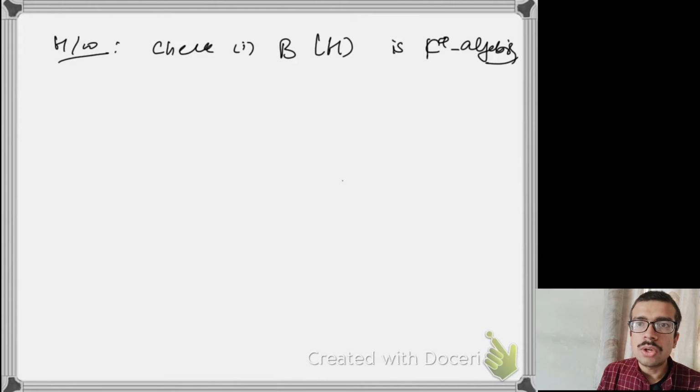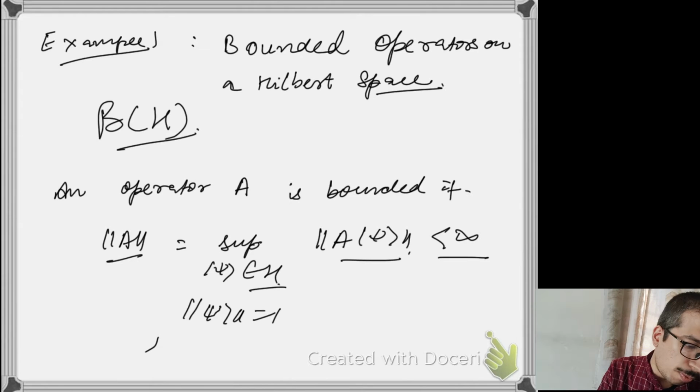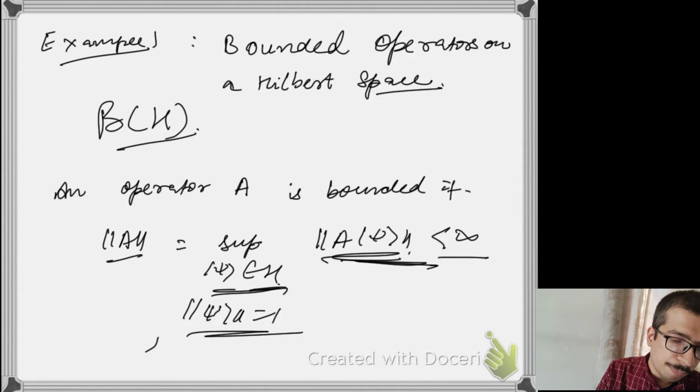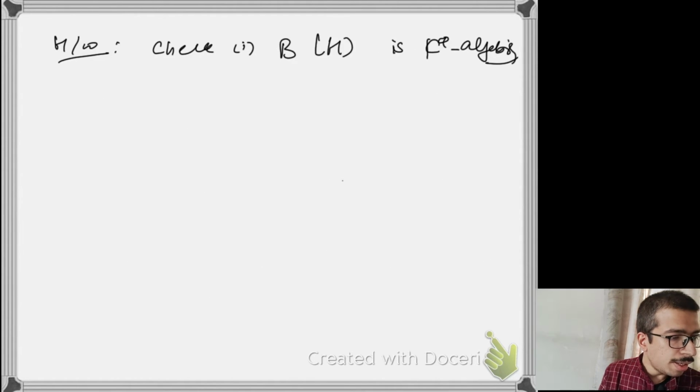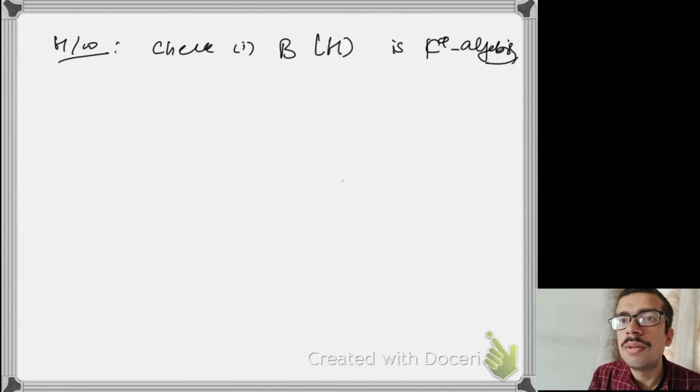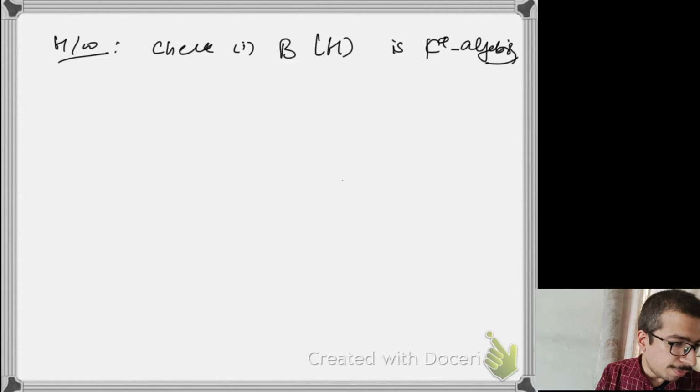So we can talk about the operator norm, which we have already discussed, which is the supremum over all states psi with norm psi equals 1 of the norm of A psi. So we already have an operator norm, and we just need to check that all the conditions which we defined are satisfied. So norm, conjugation, vector space, and ring multiplication are all consistent with each other.